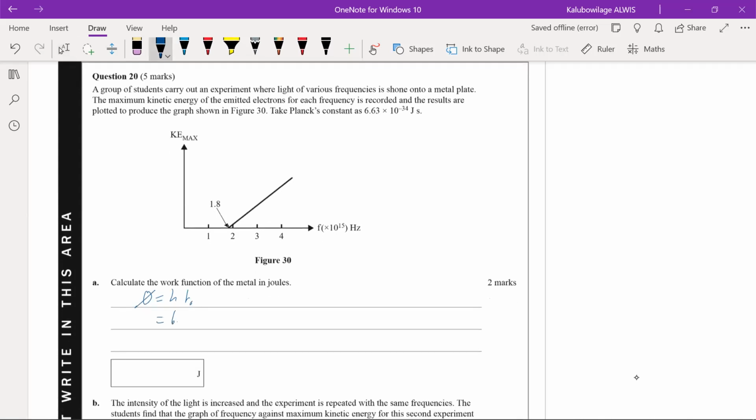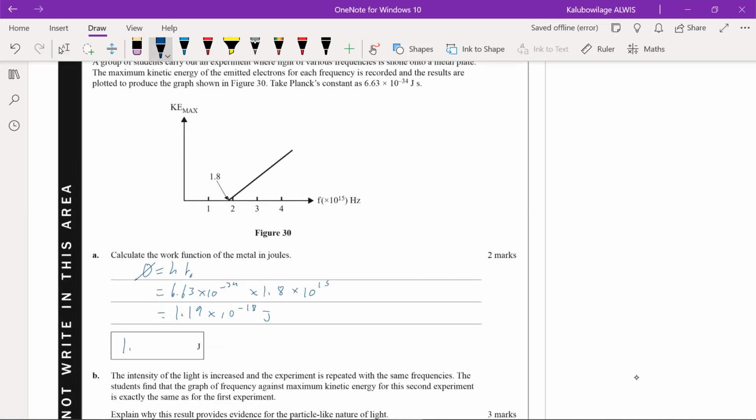We have h as 6.63 times 10 to the power minus 34, and the incident frequency is 1.8 times 10 to the power 15. That gives us the value of 1.19 times 10 to the power minus 18 joules.